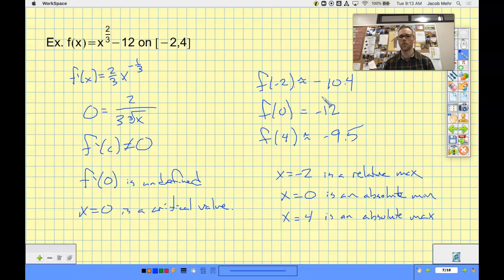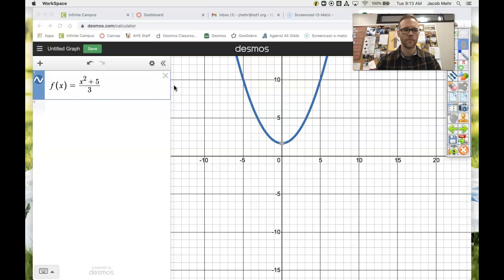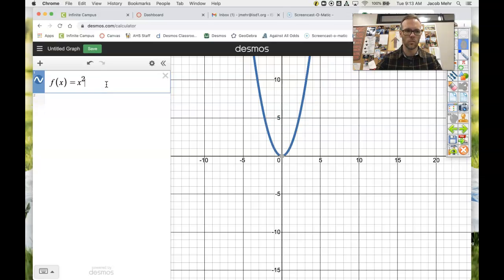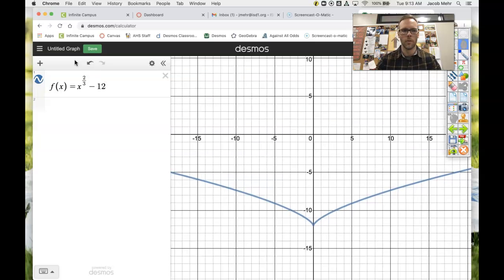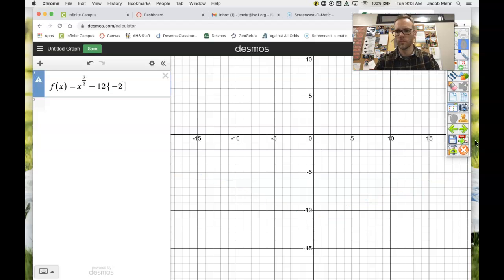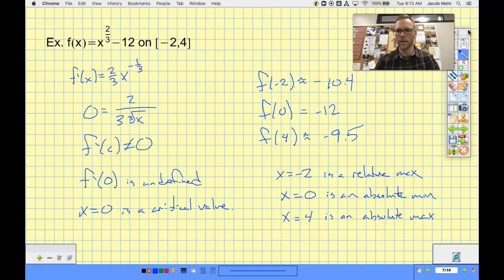All right, we put those pieces together. Endpoints, critical value, it's not differentiable there. It ends up being the lowest point. Let's graph this one just to check our answer. There we go. And if I restrict the domain, double check what my endpoints, negative 2 and 4.